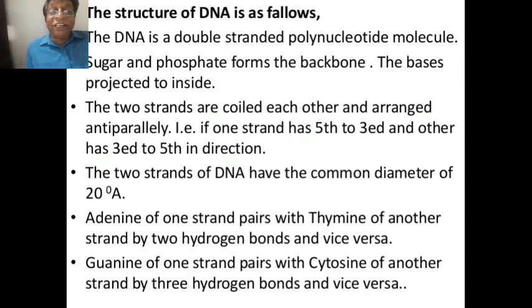So the distance between two bases is 3.4 angstroms. Another character. The two chains are complementary to each other.